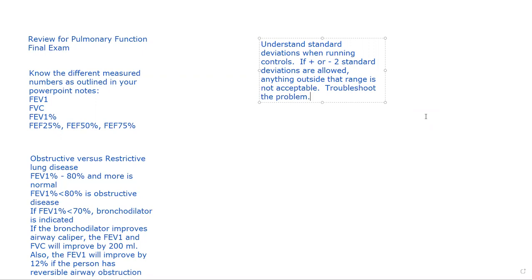Typically you start off by rerunning the control, because it could just be an error in how the control was run. From there, it could be problems with the solutions, or the membrane on the electrodes having to be changed.